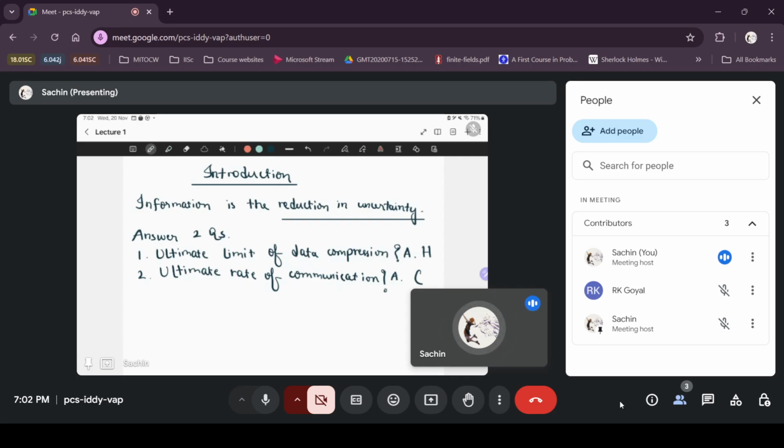And given a channel, at what rate can we do communication? How many bits can I send at a time per channel use so that the entire thing doesn't get corrupted and you are still able to recover whatever data you need?